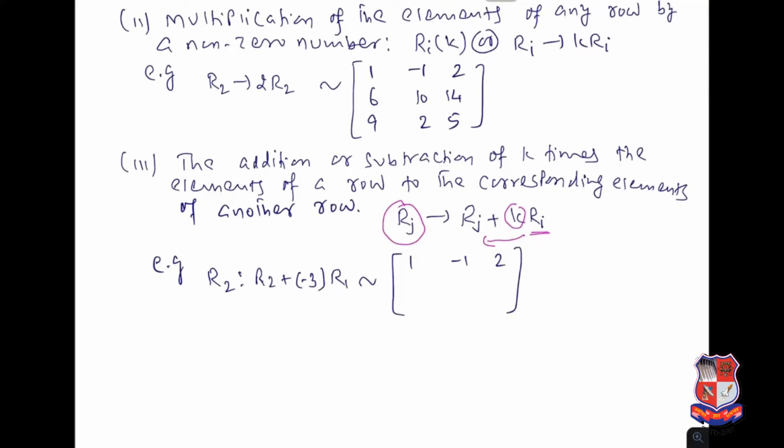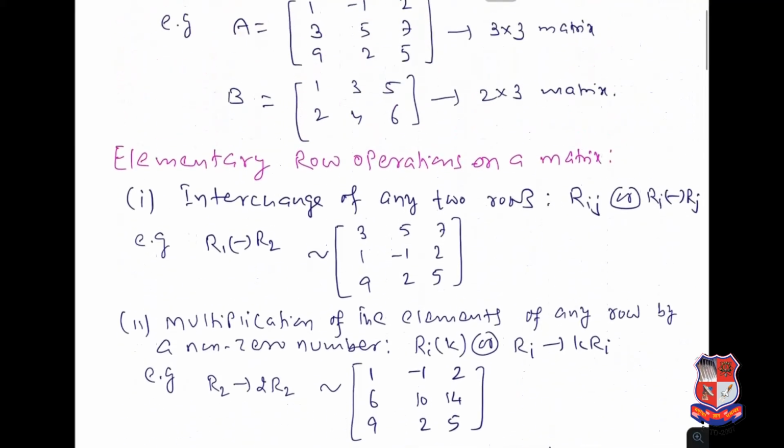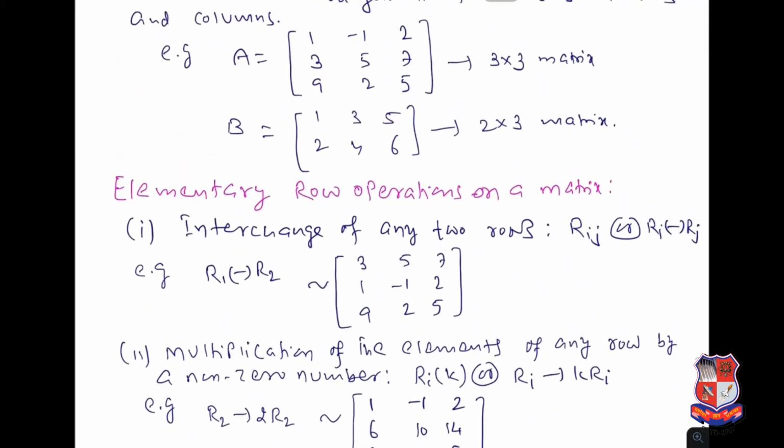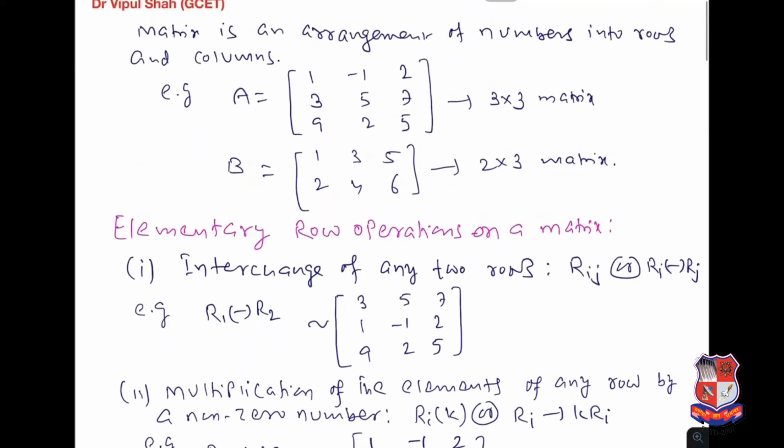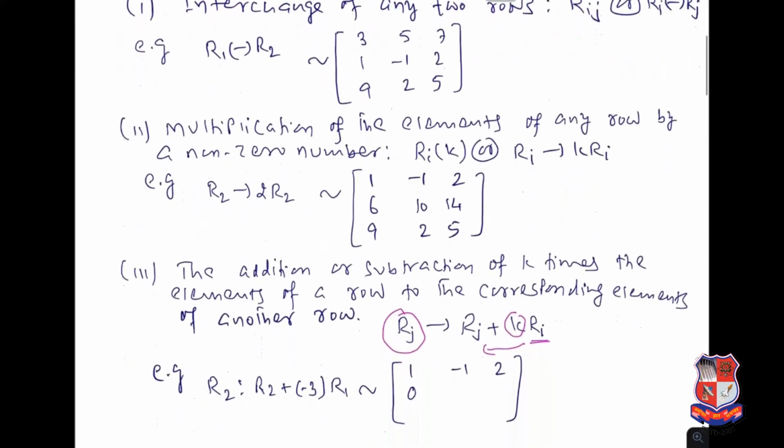Now multiply every element of R1 by minus 3 and then add to R2. So minus 3 here plus 3, so that is 0. Then multiply with minus 3 here, so that will be 3, and plus 5, so that is 8.